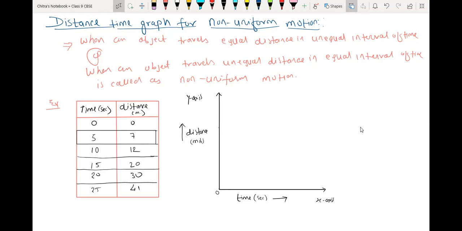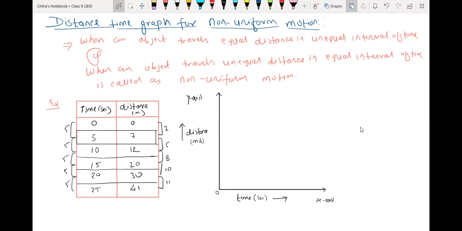Again we have to check the time interval. Here is for 5, here again 5, here again 5, here again 5, and here again 5. But distance is, here we have 7, here we have 5, here we have 8, here we have 10, and here we have 11.